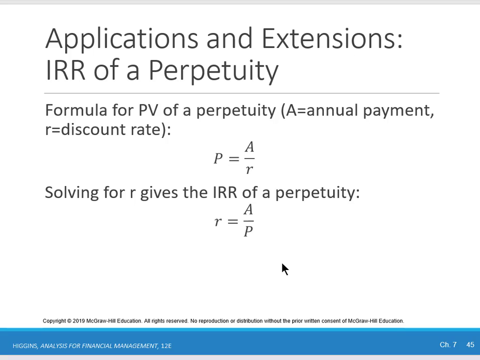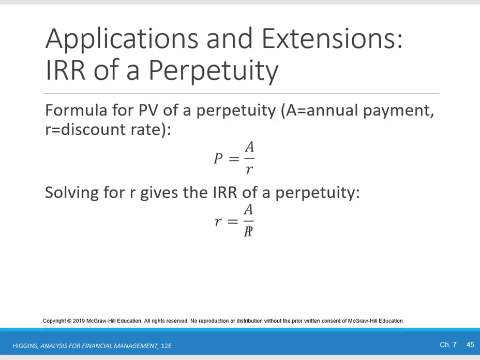Because of that infinite life, we can simplify the formulas so that if you want to find the value of a perpetuity, P here, it is the payment divided by the interest rate per year. So if you wanted to receive $10,000 a year forever, and you could earn 10%, 10,000 divided by 0.1 says that thing would have a value of $100,000.